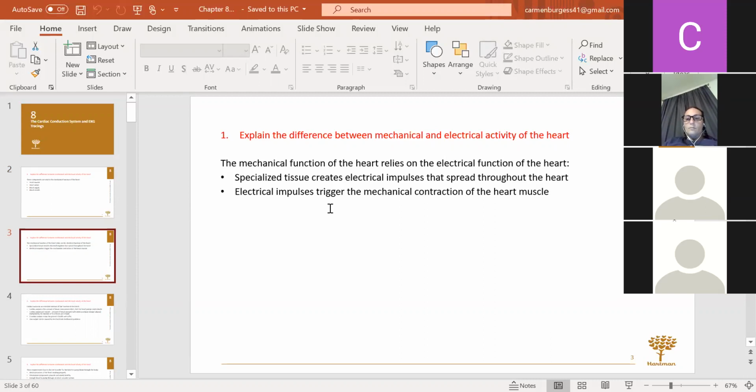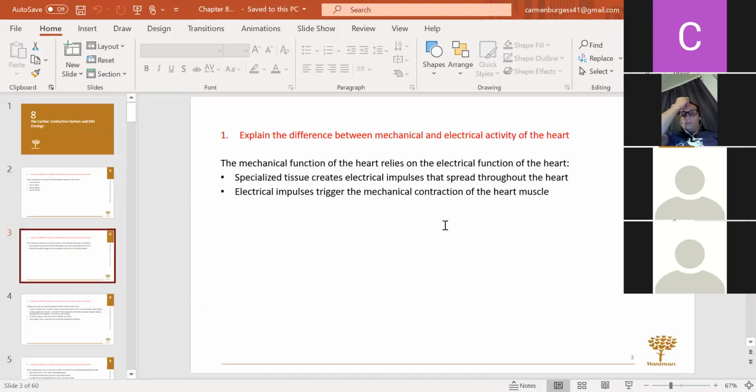Remember, potassium, sodium, all these chemicals going in and out that cause this electricity. If that's not working correctly, is the mechanical function going to happen? No. So we need that specialized tissue that creates electrical impulses that spread throughout the heart. They trigger the mechanical contractions of the heart.